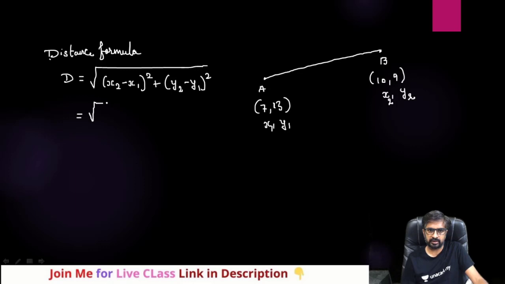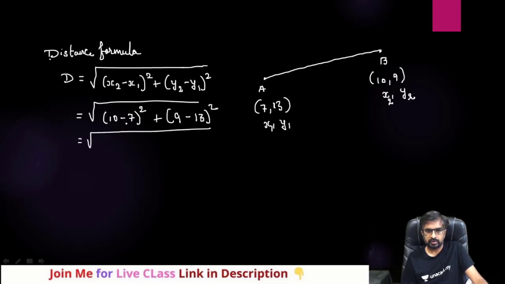Let us start keeping the values: x2 minus x1, so 10 minus 7 whole square, plus y2, that is 9, minus y1, that is 13, whole square. So under root, 10 minus 7 will give you 3 square plus 9 minus 13 will give you minus 4 square.